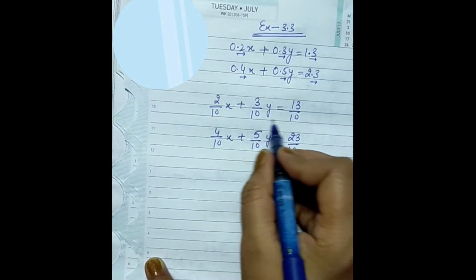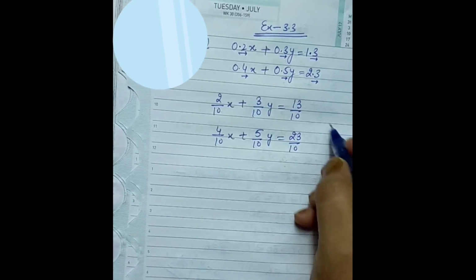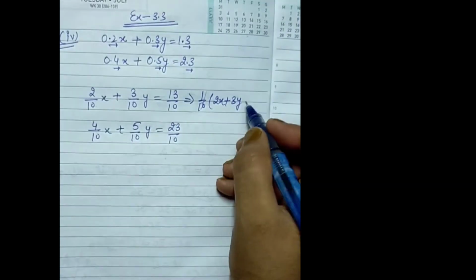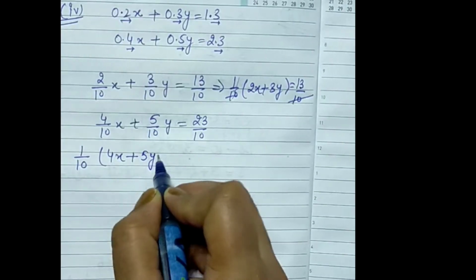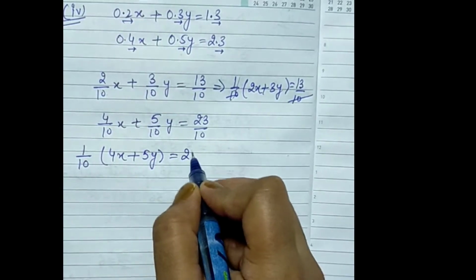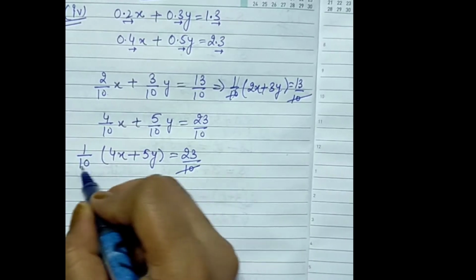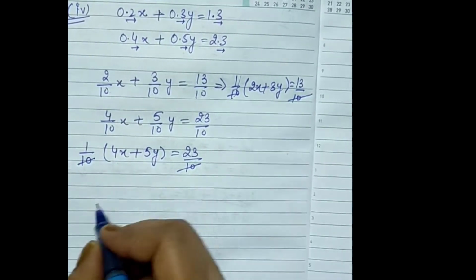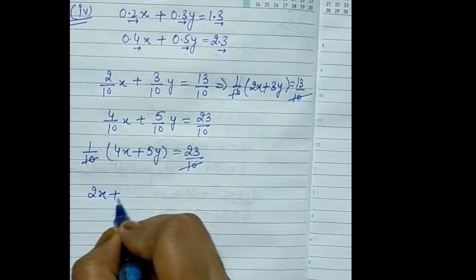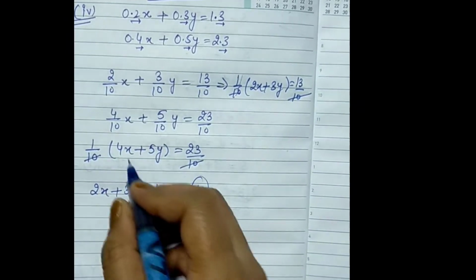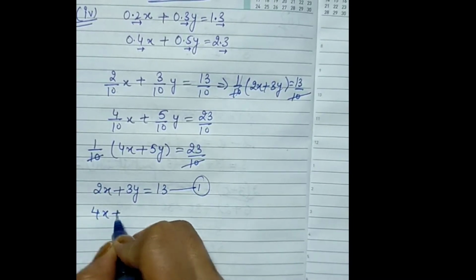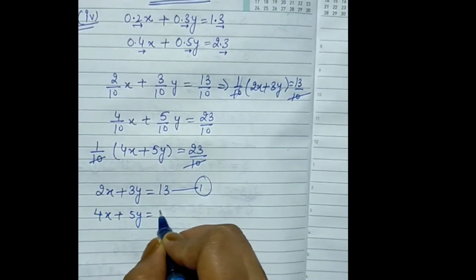You can see everywhere 10 is appearing, so I have taken 1 by 10 as common, and the same with this equation, 10 is common. So what we are left with is 2x plus 3y is 13, the first equation, and then 4x plus 5y is 23.